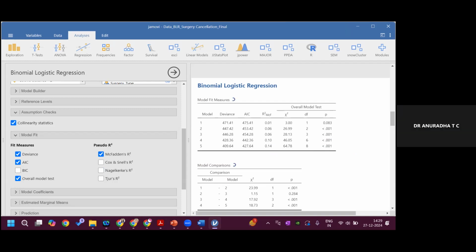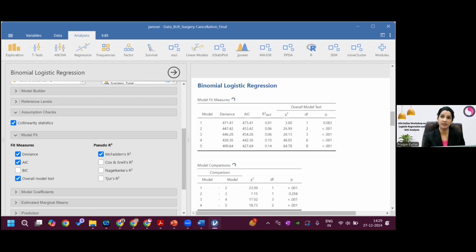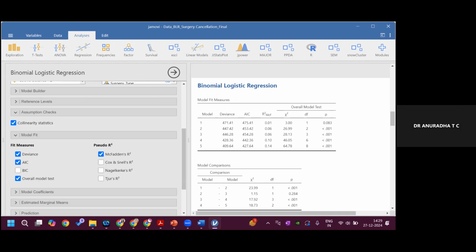Yes, ma'am. What is the criteria for using the different pseudo R squares? Which one to choose and when?